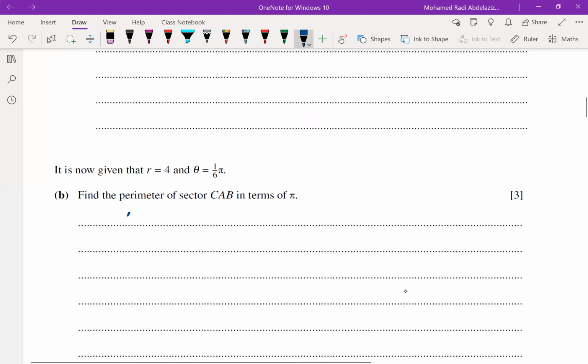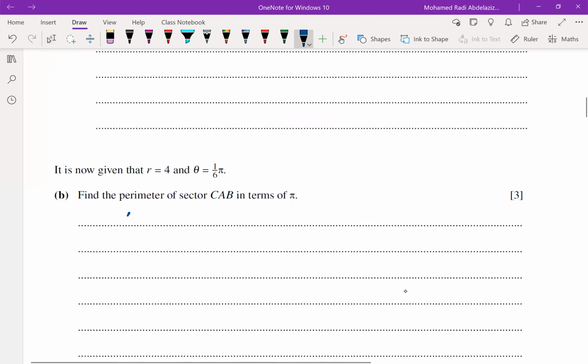First, CA represents the radius, which we found equal to CD; CA, CD, CB are radii for this circle. So all are equal. So I will use the answer in part A to represent the radius. r is 4 plus r over sine theta, 4 over sine 1 over 6 pi.